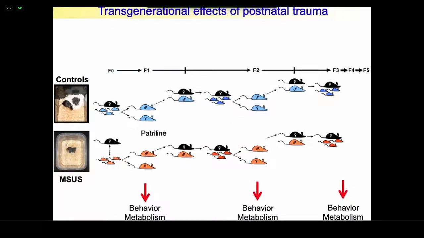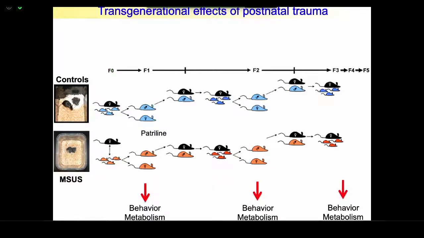And we look at the consequences across generations, so always in parallel with control. So we have MSUS mice, and we breed them with wild type females to generate the F1, F2, F3, and we have now generated up to the sixth generation through the patriline. We also produced a matriline, but until the second generation only.